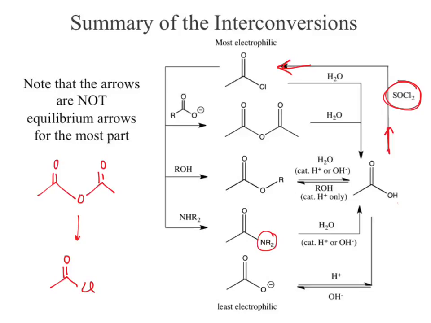Is there any direct path? I can add water, which will take me to the carboxylic acid. Once I have the carboxylic acid, then I can add the thionyl chloride as a second step to do the reverse. Okay. So depending on where you are within that system, we may ask you to go to a higher energy state. We may ask you to go to a lower energy state. Okay? And yes, you do have to follow these circles fairly frequently.